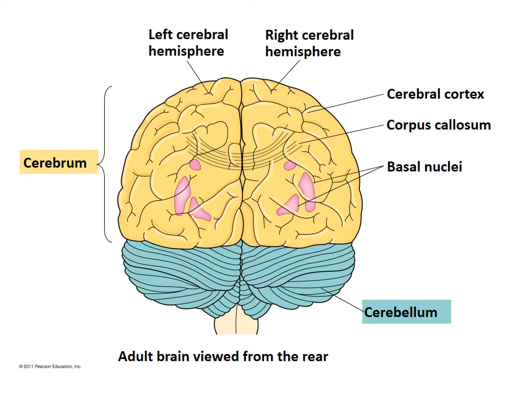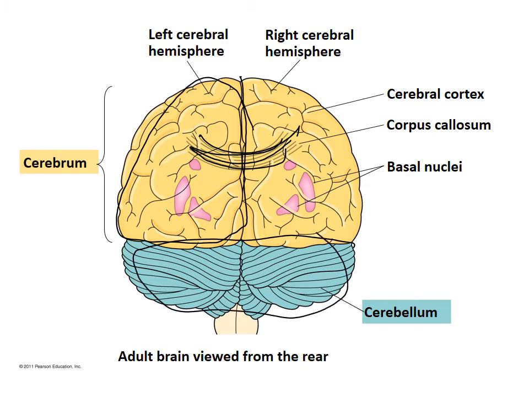And so now you can see that there is actually a right and left hemisphere of the brain. And then there are these fibers that connect the right and left brain together. And those are called the corpus callosum. And they result in the two sides of the brain talking to each other. And this is the cerebellum, which is responsible for our balance.